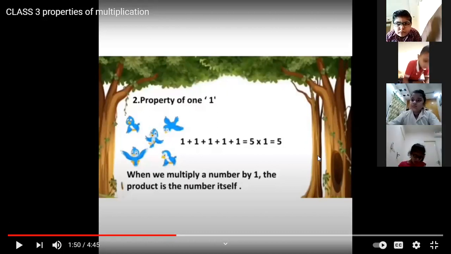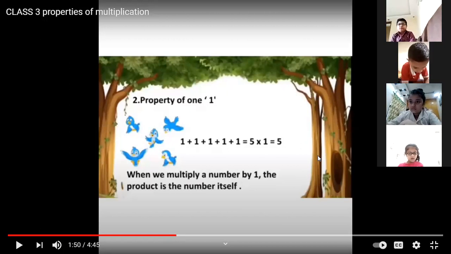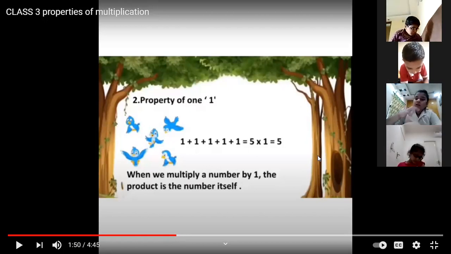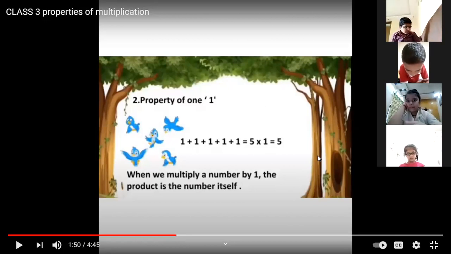So beta Ujjwal, what is given here? That when we are going to multiply any number by 1, the answer will be the number itself. Very good. So suppose in the given example, we are going to multiply 5 by 1.